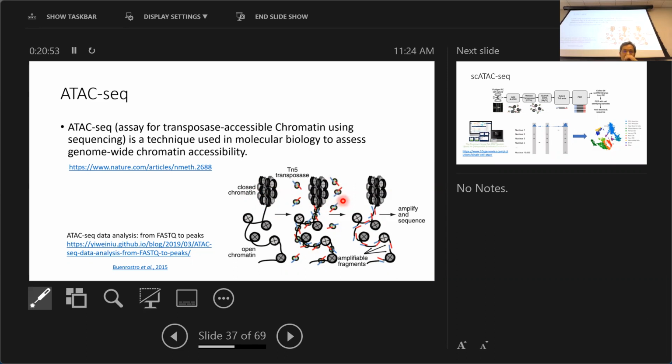At the end, you count how many labels have been put in the different regions of your genome.